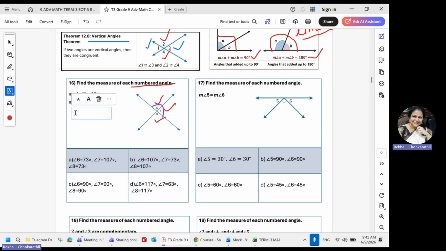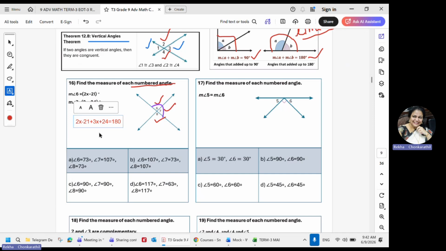So it will be 2x minus 21 plus, what's this angle? 3x plus 24. 3x plus 24 equal 180.